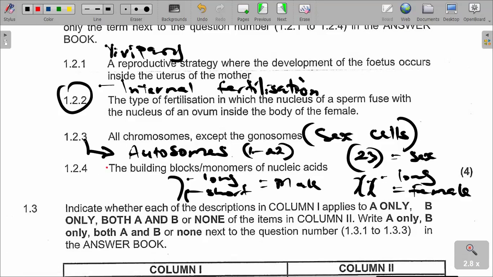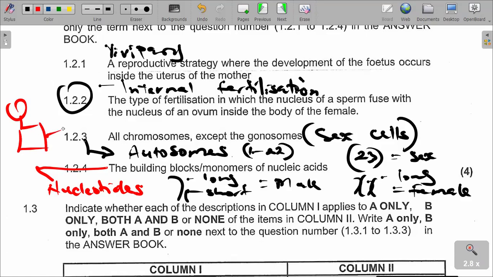A nucleotide has the deoxyribose sugar, the phosphate and a nitrogen base.